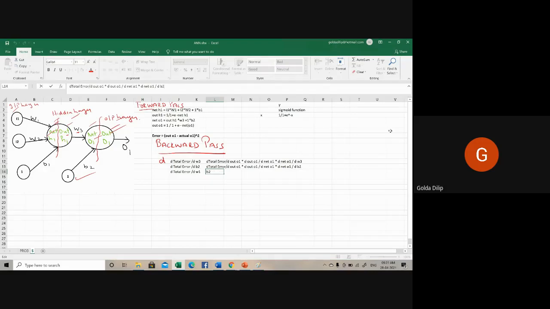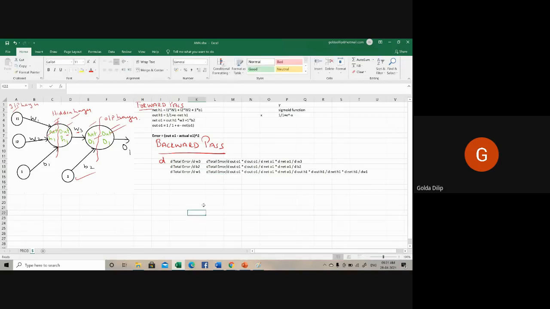So here, rather than B2, because we are going till W1, I'll put it as net O1 by out H1, because we are going till W1, into the partial differentiation of out H1 by the partial differentiation of net H1, multiplied by the partial differentiation of net H1 with respect to what? Which one will become W1, right?